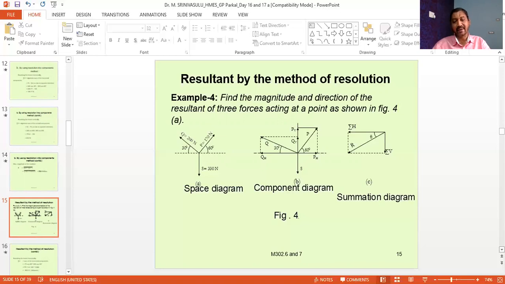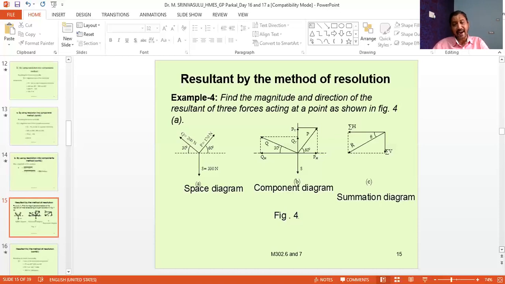When a force is acting vertically downwards, that is a vertical force. For a vertical force, the horizontal component is equal to 0, and the vertical component is equal to the force itself.